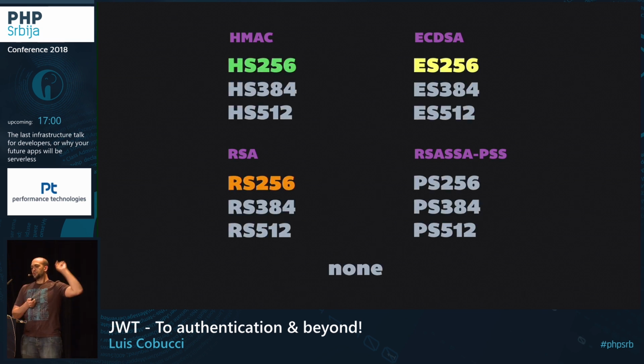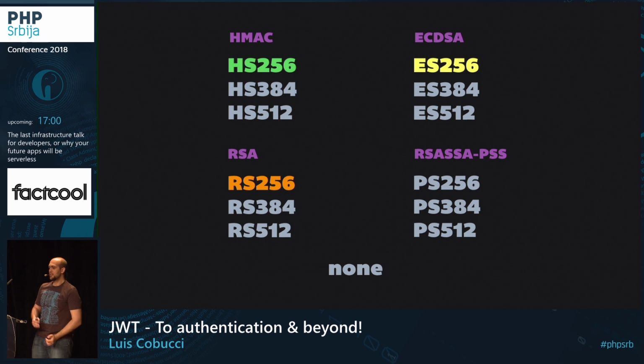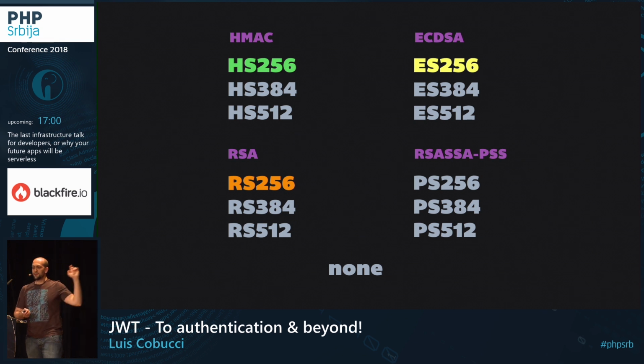The first algorithm that we have there in green is mandatory for all implementations. The ones in gray are optional, and the ones in orange and yellow are really recommended. So it's nice to have, and the RFC says, hey, please use it because it's more secure than just HMAC.